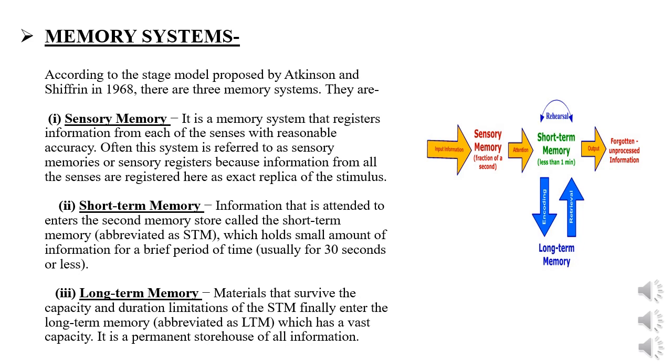By maintaining or rehearsing the information over and over again, we can extend the time period of the information. And the limited capacity, that is 7 plus minus 2, can also be expanded in the short-term memory by a method called the chunking method.